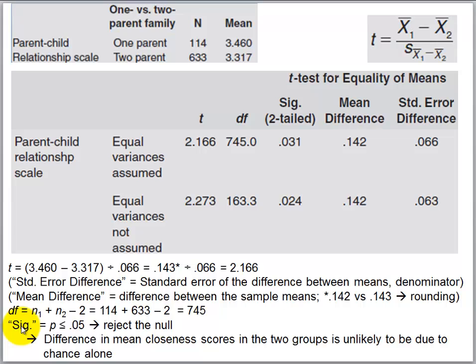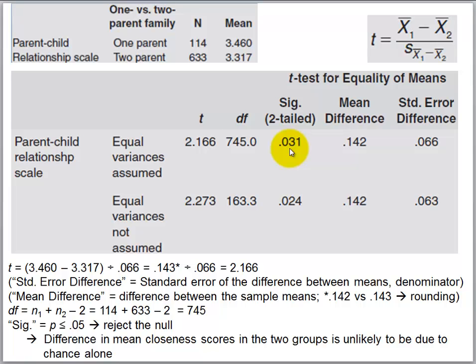Now, SPSS oftentimes conveys p or p-value with SIG, short for significance. So the significance or p-value for the equal variances formula comes out to be 0.031. In other words, given a true null, you obtain results that differ by as much as do the results in these samples in 3% of random samples.